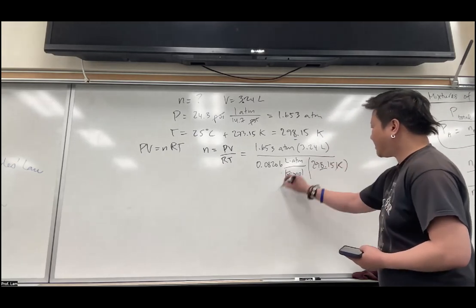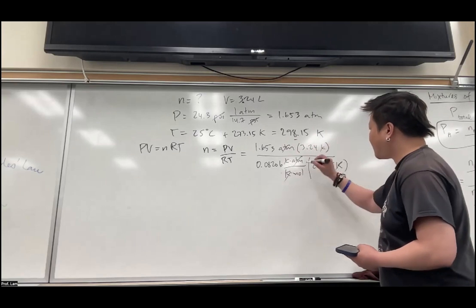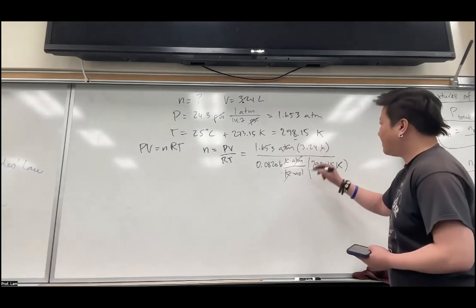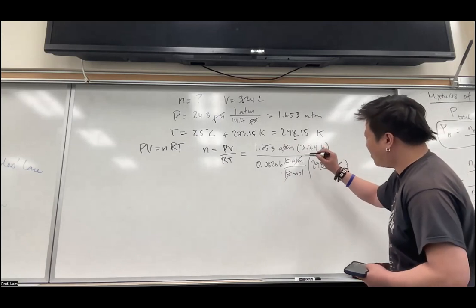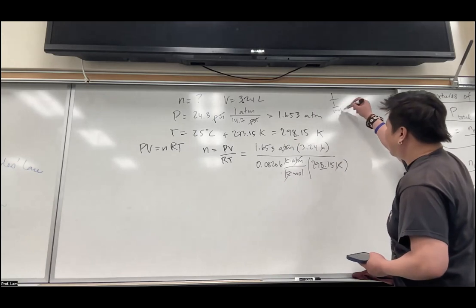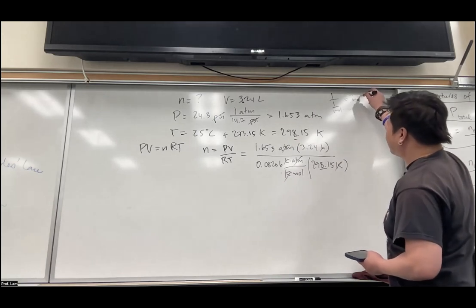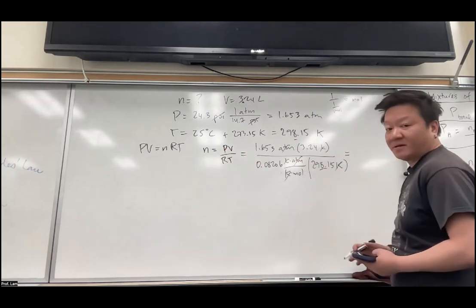I see Kelvin cancels, atm cancels, liter cancels, top and bottom. What do we have left? 1 over mole, which is the same thing as moles per one. And that's what we want. We want moles out. So the answer here.